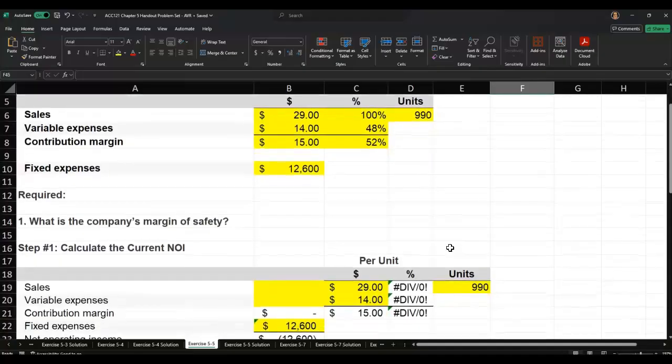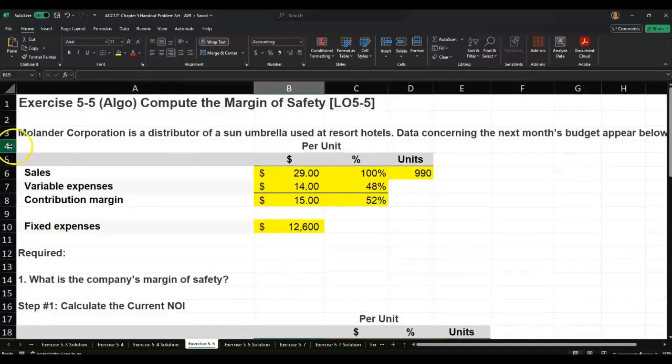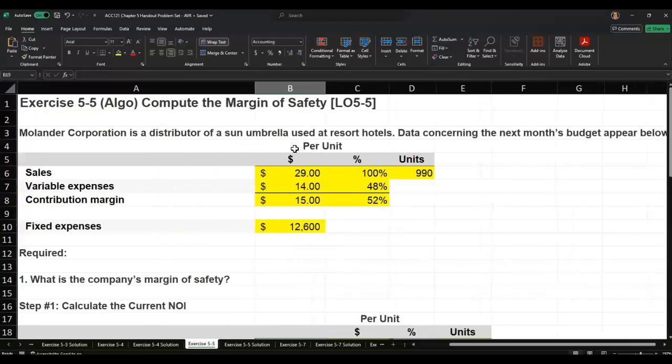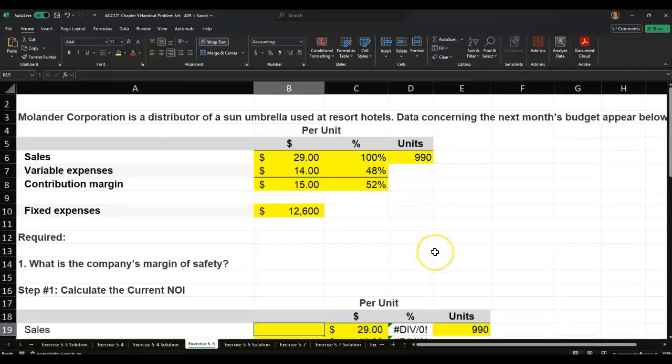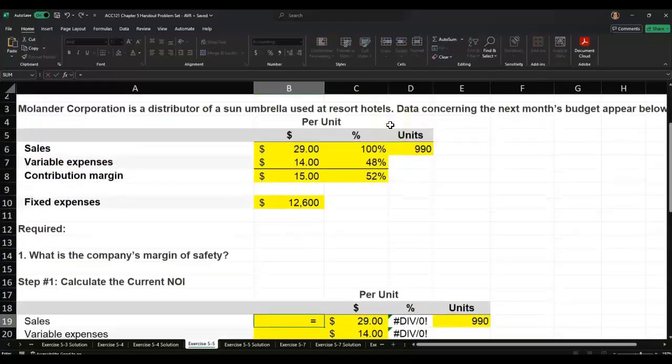All right. So the first thing that we've got to do is come up with the current net operating income, right? So we've got to get sales. So in this case, the distributor of a sun umbrella used at resort hotels. Data concerning the next month's budget appear below. All right, so we got 990 units. So let's pick up the 990 units.